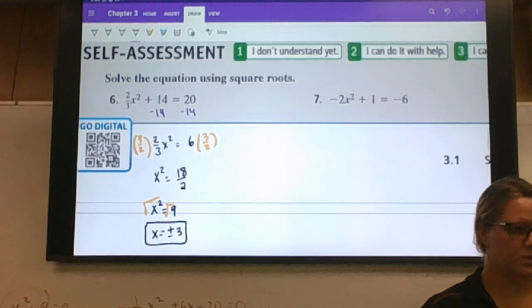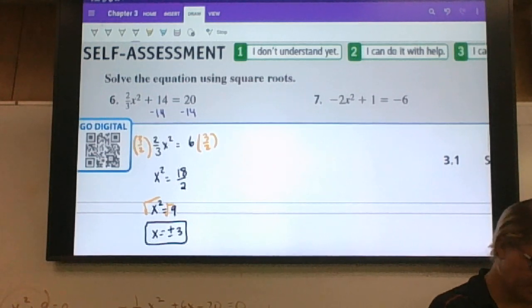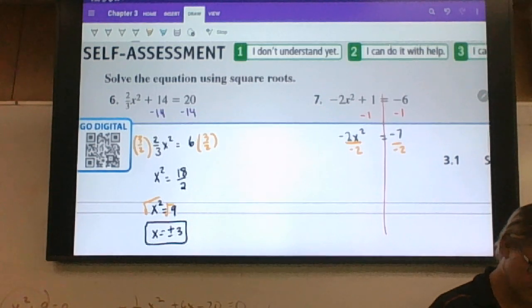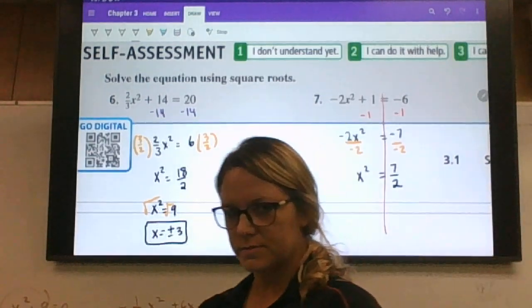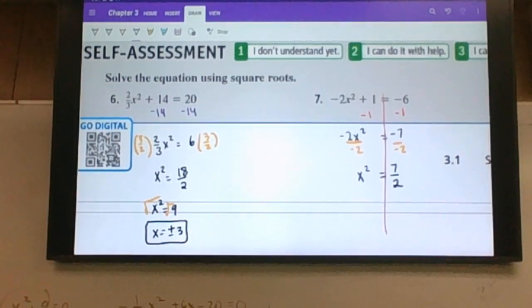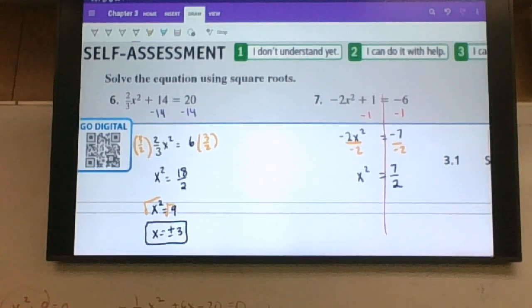Number 7 I think is more difficult. Let's get it set up, right? Good. I'm going to pause here. This fraction is right.